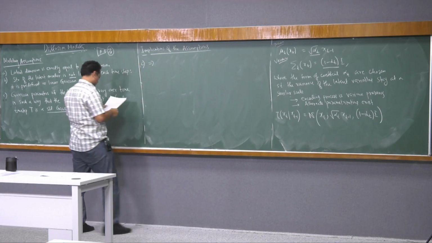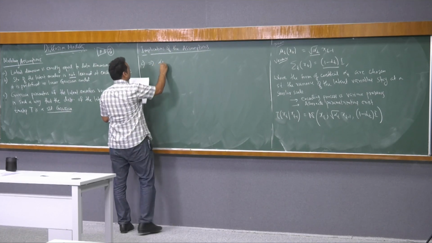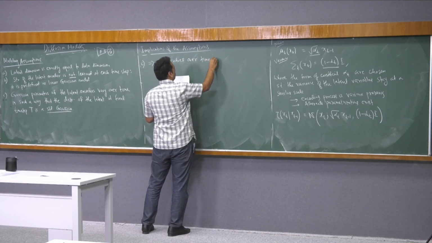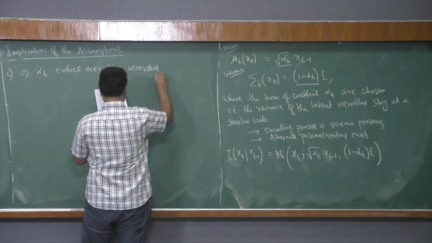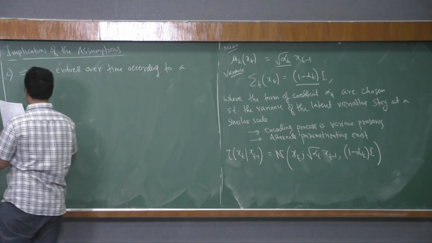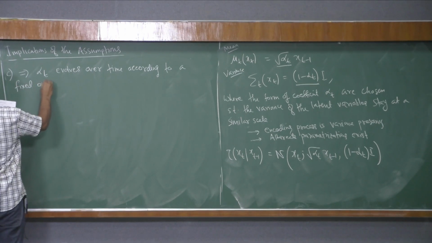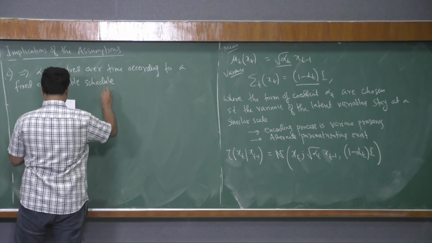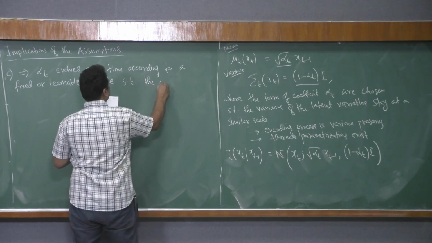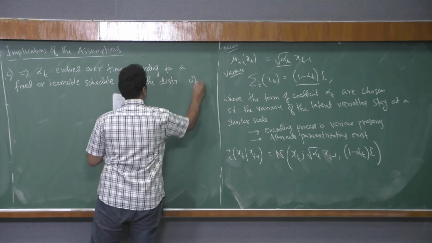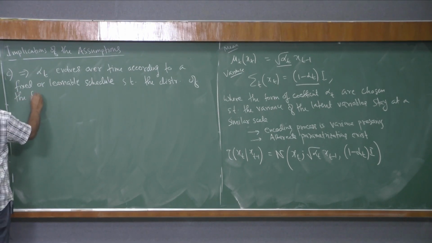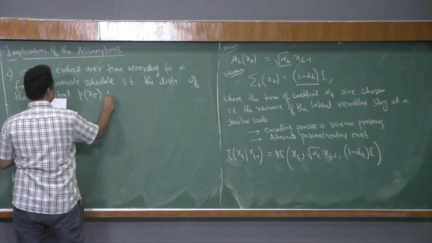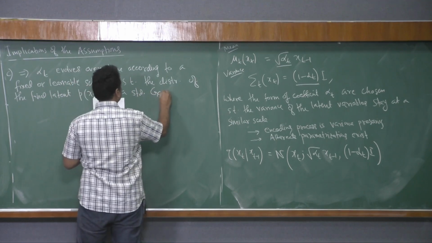It implies that alpha t evolves over time according to a fixed or a learnable schedule, such that the distribution of the final latent p of xt is a standard Gaussian.